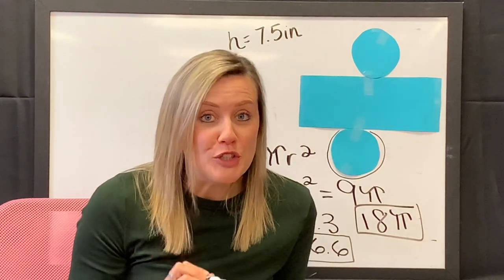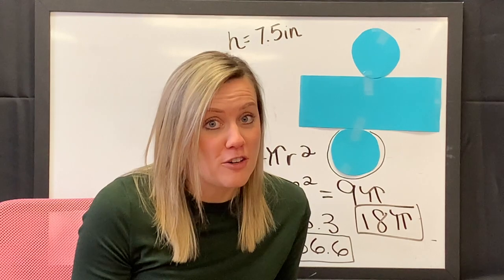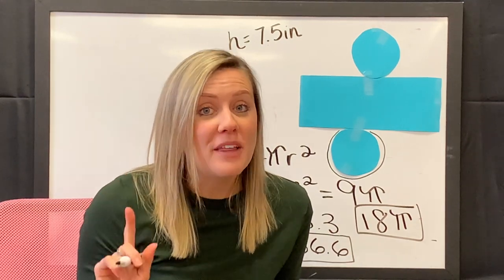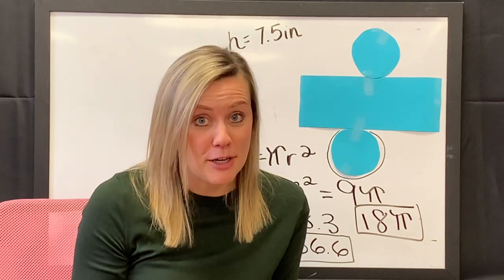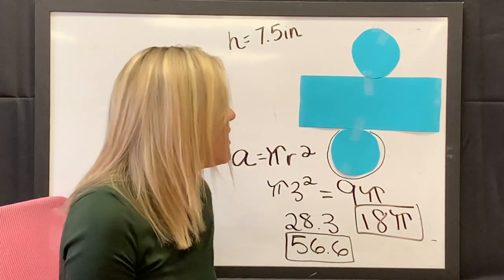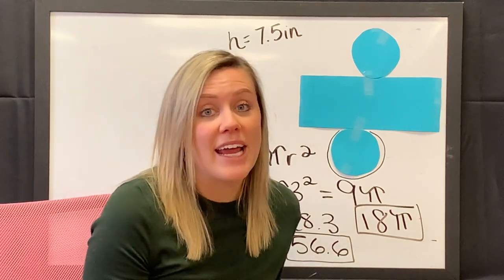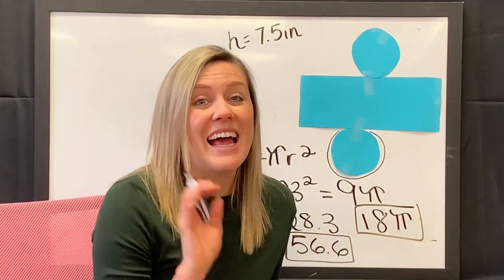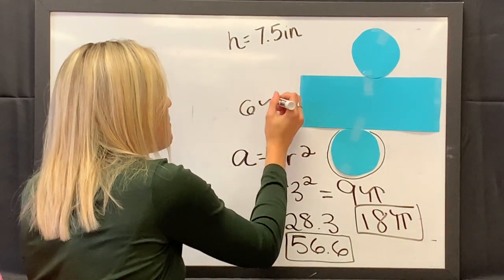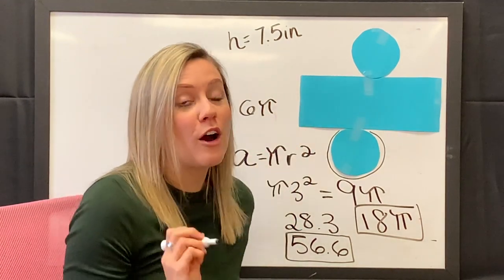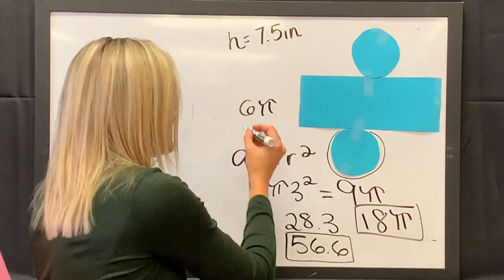So, do you remember the formula for finding circumference of a circle? The formula for finding the circumference of a circle is pi times diameter. So if you remember, our radius was 3, so our diameter is 6. And 6 times pi is 6 pi, or our rounded version is 18.8, okay?